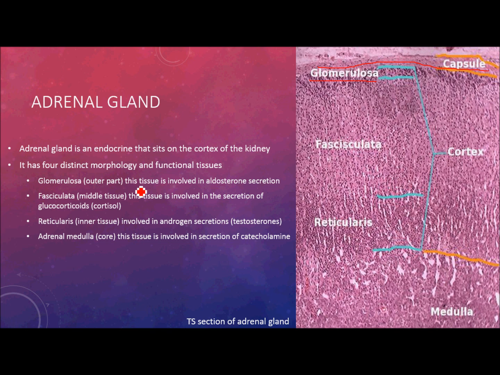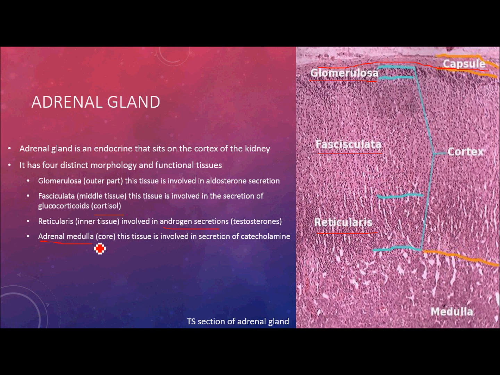Also we talked about the mineral corticoids. The fasciculata, the middle tissue, is involved in the formation of cortisol. Then we have the reticularis, which is involved in the production of androgen secretions, the precursors for testosterone.